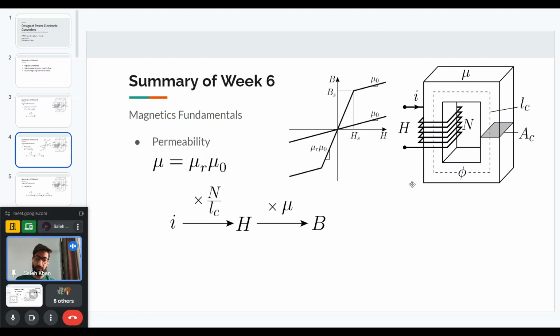Just like in electric circuits, we have permittivity, which tells us how much electric current can flow through a conductor. Similarly, in magnetic circuits, we have a related term called permeability. These magnetic and electric circuits have some analogous quantities that we'll see later on. So permeability is analogous to permittivity.